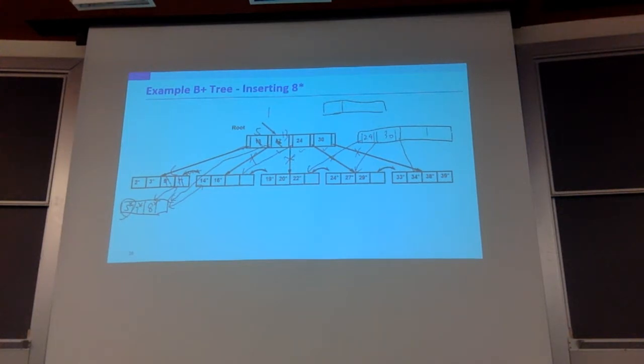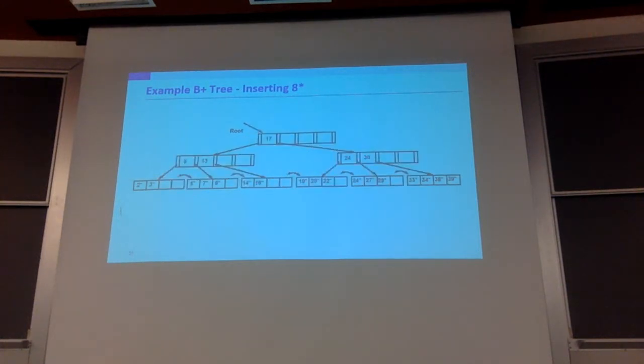Because if you insert the index entry here, everything that's smaller than or equal to 17 is going to be on the left, and everything that's greater than 17 is going to be on the right. And you create these 2 pointers. Okay. Then you end up with something like this. This is the end result. Sorry, it was a little bit messy.